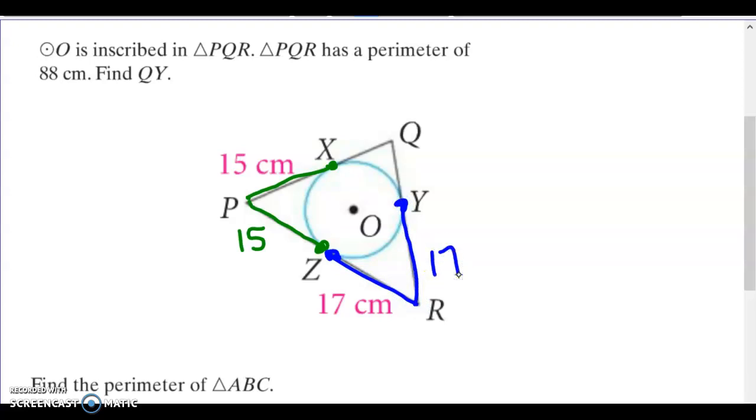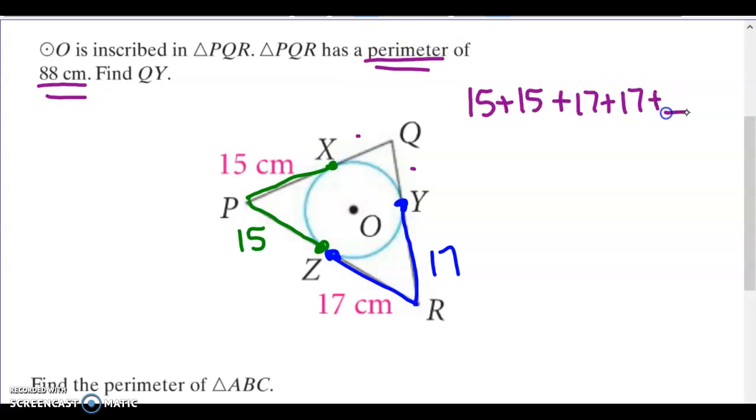Now, I don't know this piece or this piece. However, up here, it did tell me that the perimeter was going to be 88. So 15 plus 15 plus 17 plus 17 plus blank, and I know that's going to have to equal 88.